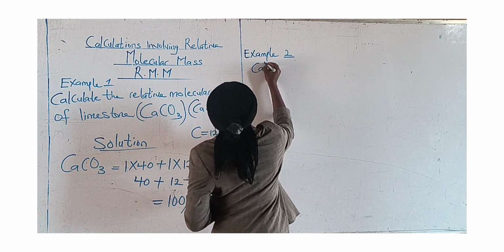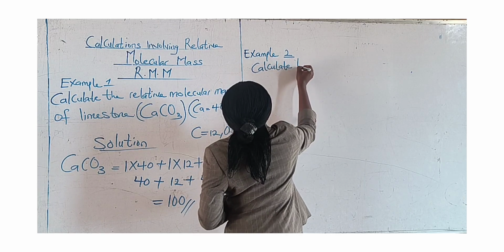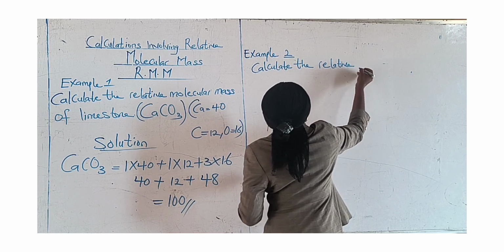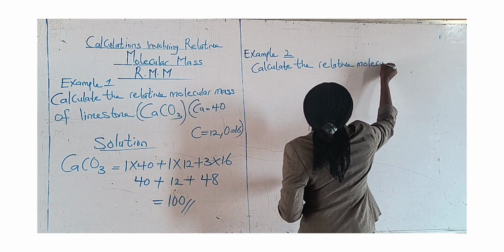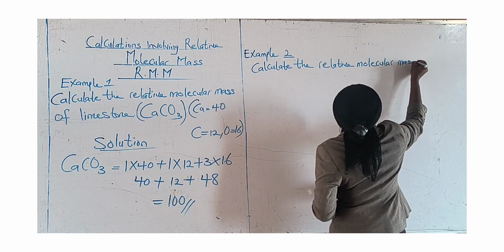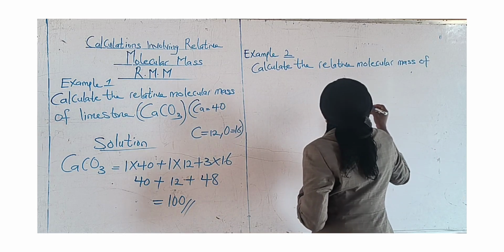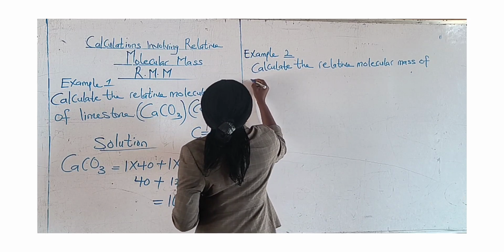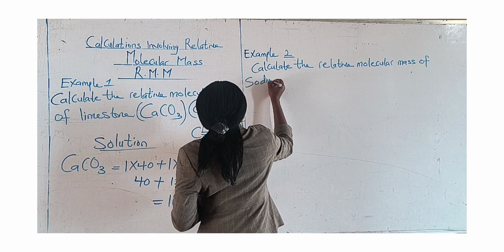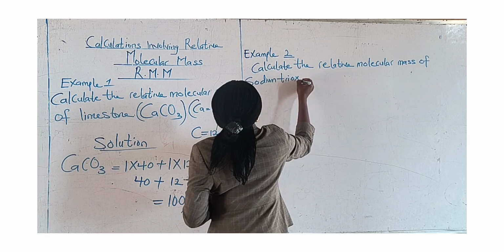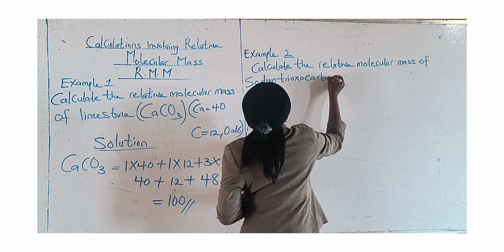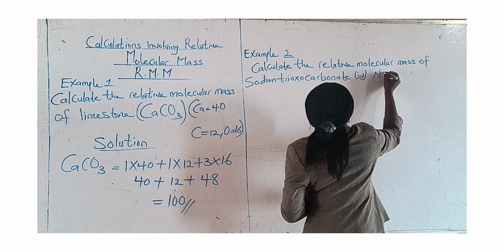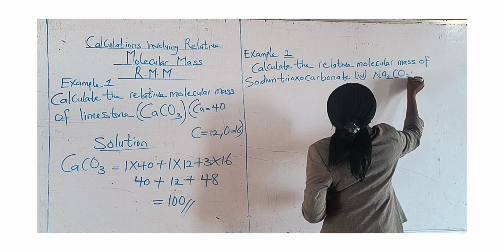We have to calculate the relative molecular mass of sodium trioxocarbonate(IV), that is Na2CO3.